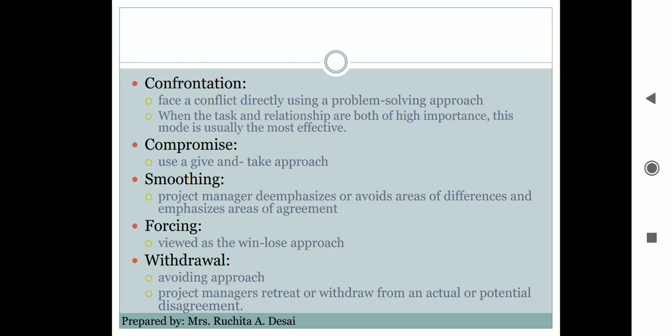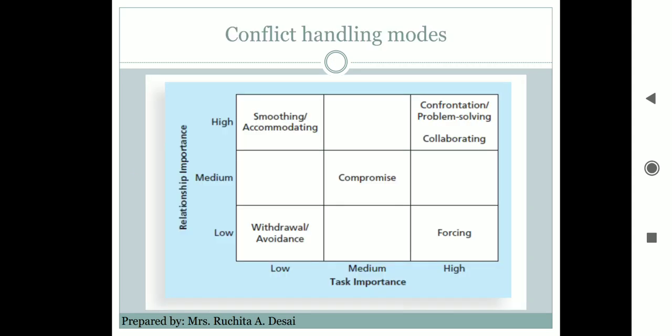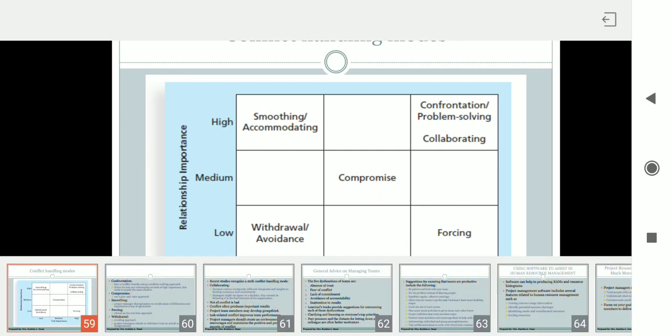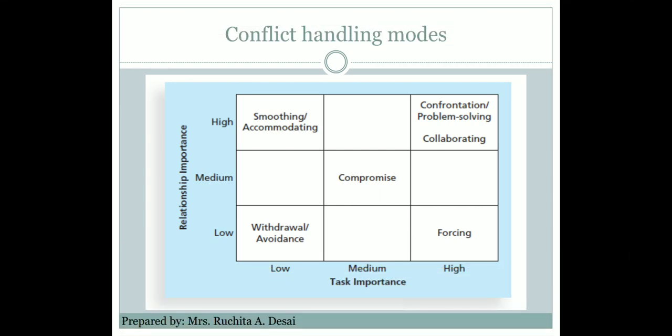So this mode works best when both the task and relationships are of medium importance. Here you can see the compromise phase: the task and relationships are of medium importance.